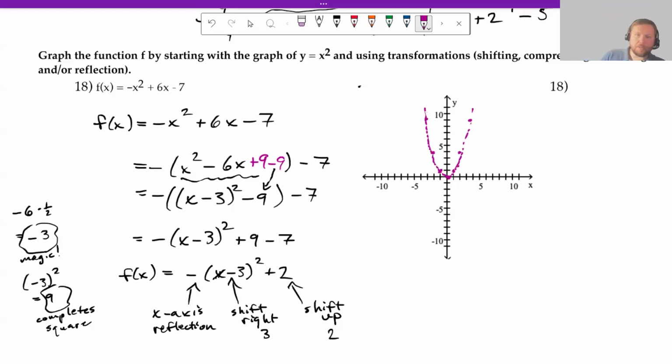Okay, and I want to do my shift to the right by 3 first. Okay, so there's my next iteration. Then I need to reflect about the x-axis.